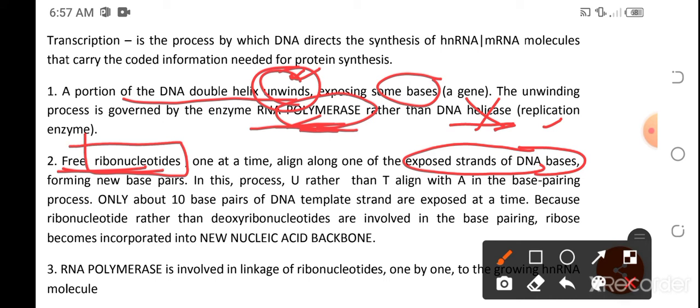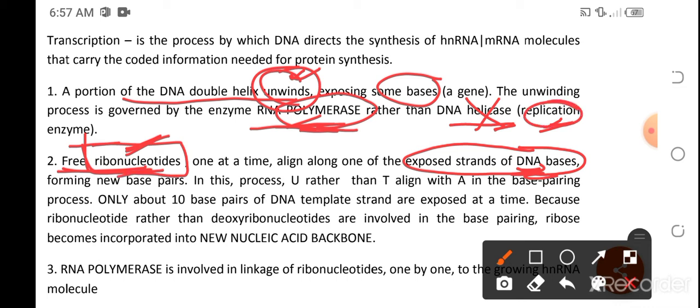Okay, so hindi na DNA nucleotides ang makikibase pair dito sa exposed DNA bases, rather it would be ribonucleotides this time. Pag sinabing ribonucleotides, ang kanilang sugar ay ribose. Instead of yung dun sa replication, ang makikibase pair ay free nucleotides with deoxyribose during replication.